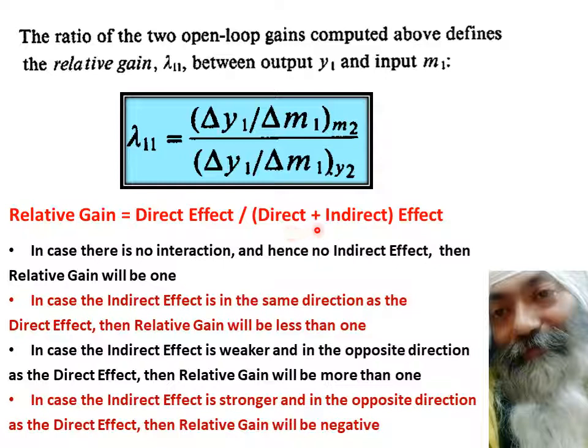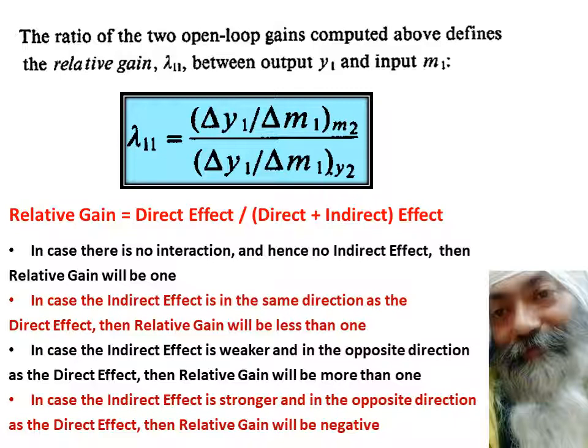Negative means that the interaction is producing results which are stronger and opposite to the desired effect. It means you want to increase something, it will actually get decreased. You want to decrease something, it will actually get increased. It means that ultimately you will end up having a kind of unstable system, which we do not want.